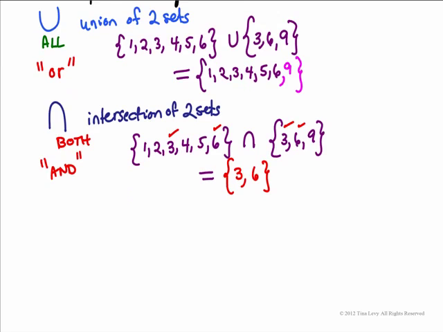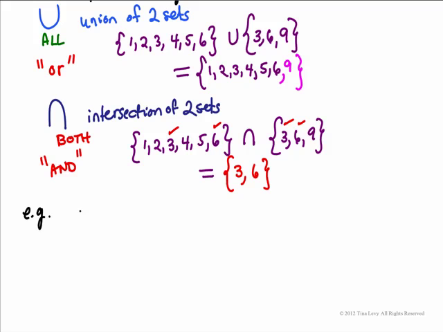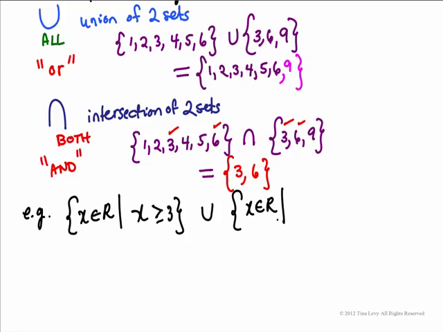So as an example, suppose I told you you have a set of all x values in the set of real numbers where x is greater than or equal to 3, and you want to union that with the set of all x on the real number line where x is greater than 5.